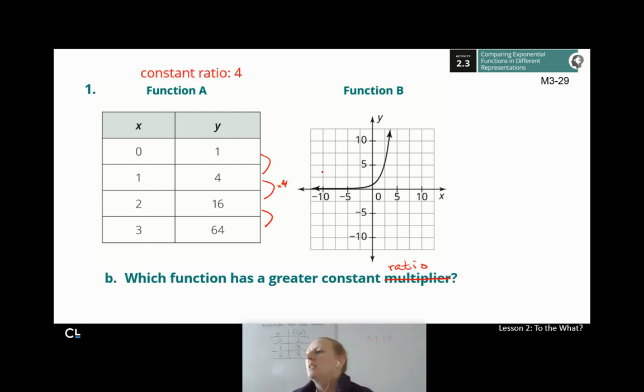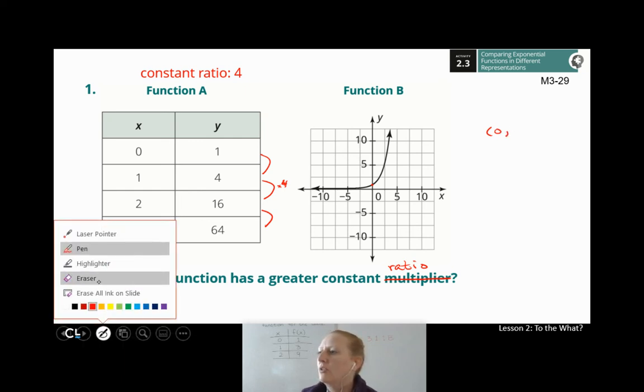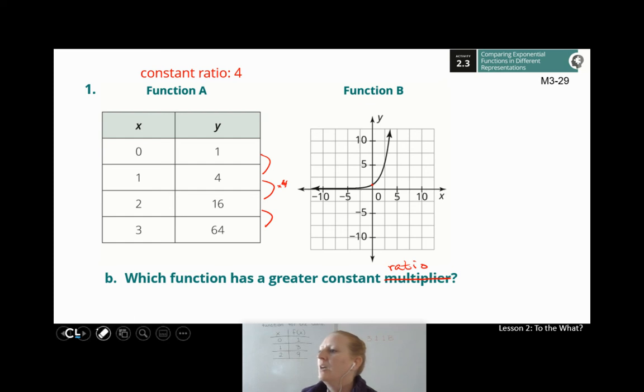For this one, it was a little trickier, but I decided if that's at 0, 1, right, we've got 0, 1. Actually, hang on, I'm going to write that further up because I know it's about to be in the way. So this is 0 and then 1, right? That's what we have here. Where would my next point be? Well, I'm going to go over 1 and up 1. And it's a little bit higher.